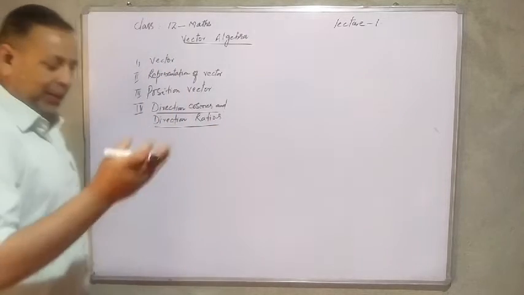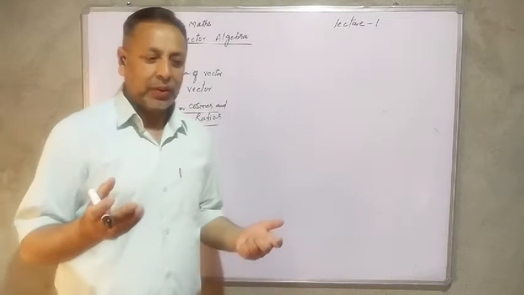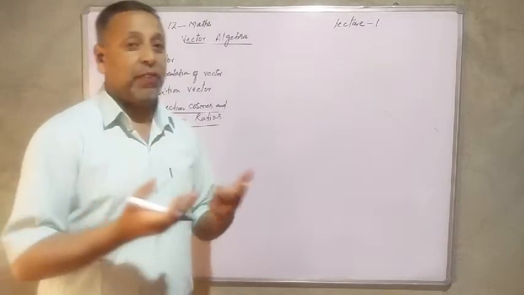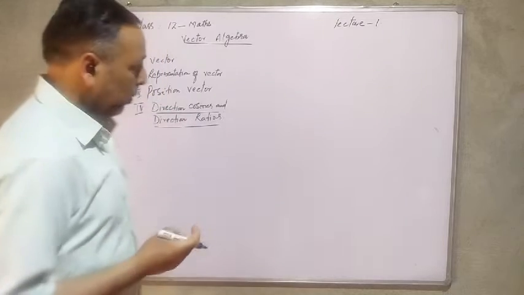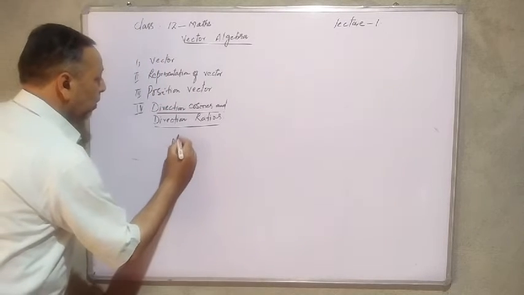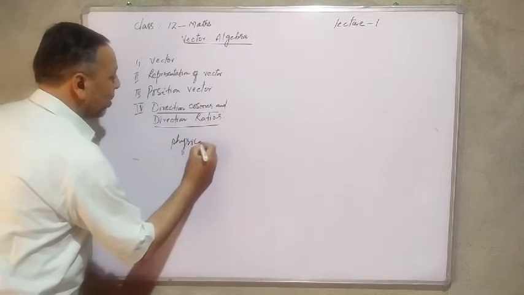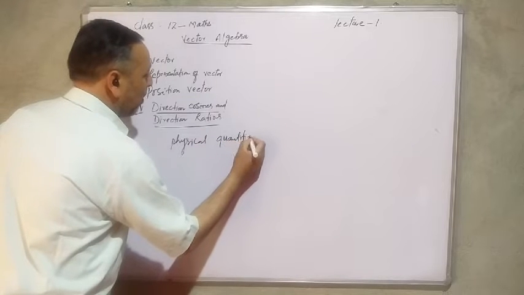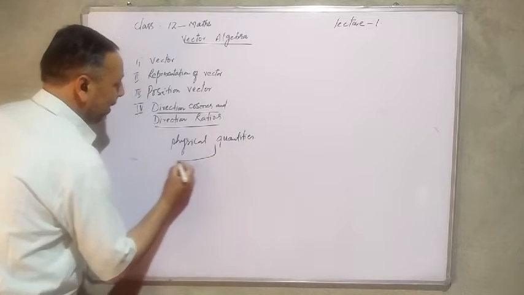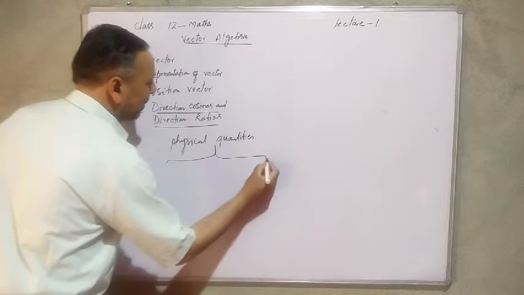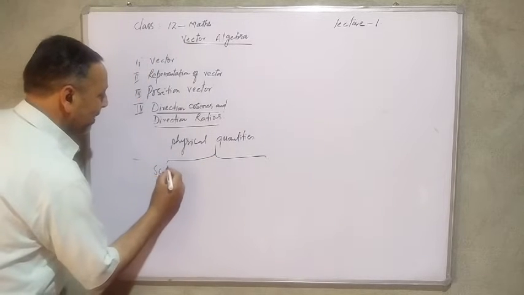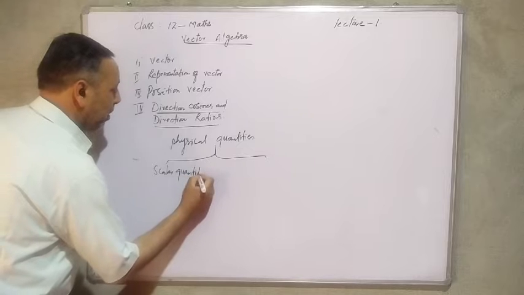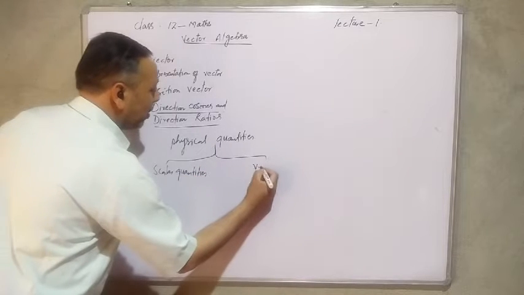In the earlier classes, you may have studied what are physical quantities and what are the types of physical quantities. So when we say physical quantities, these physical quantities are of two types: scalar quantities and vector quantities.